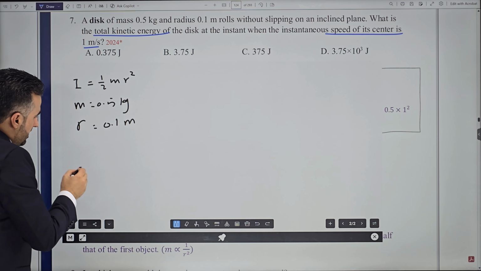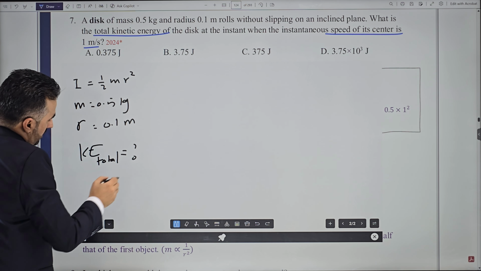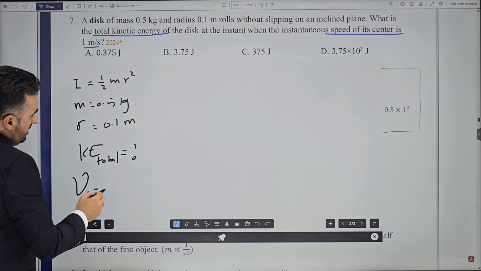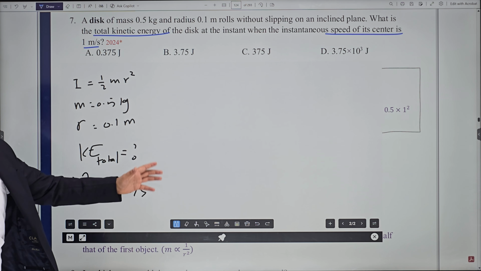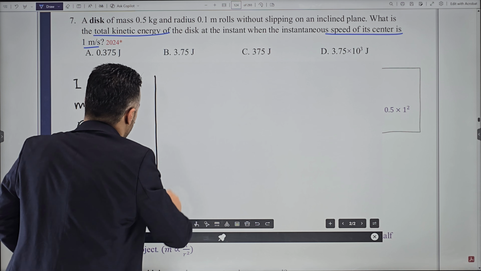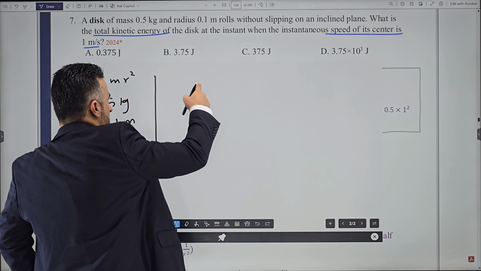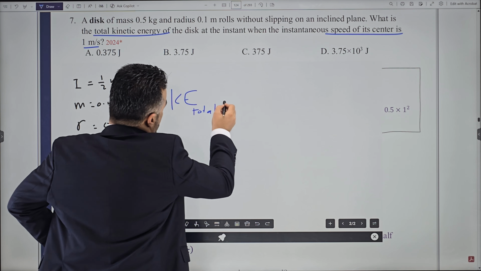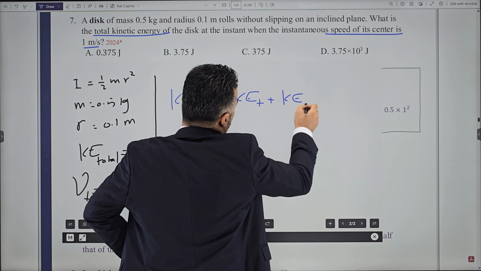So the question says, what is the total kinetic energy of the object when the instantaneous translational speed, look at the unit, is 1 meter per second. How do you find this? Once again, there's a very easy method to do this. But because it is not a ratio, we cannot use the 1 and C from before. So we can say total kinetic energy is equal to kinetic energy of translation plus kinetic energy of rotation.